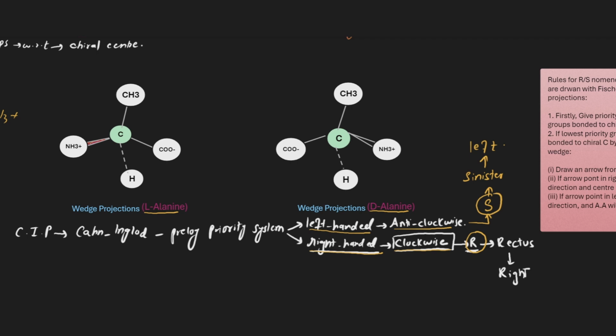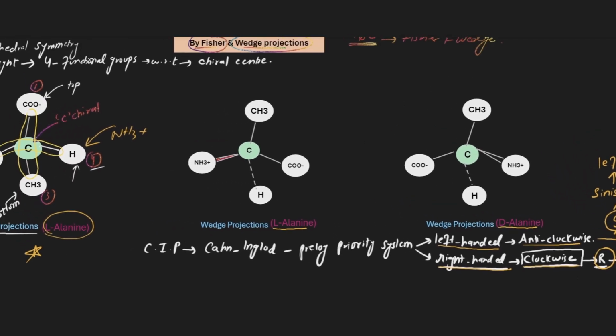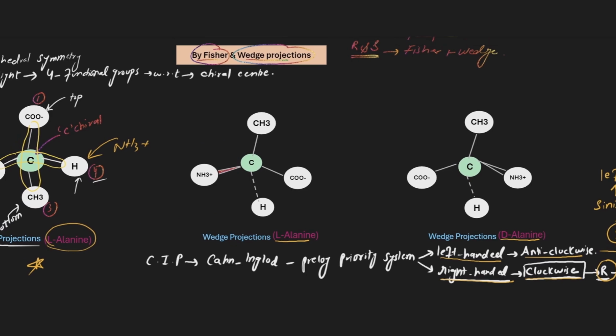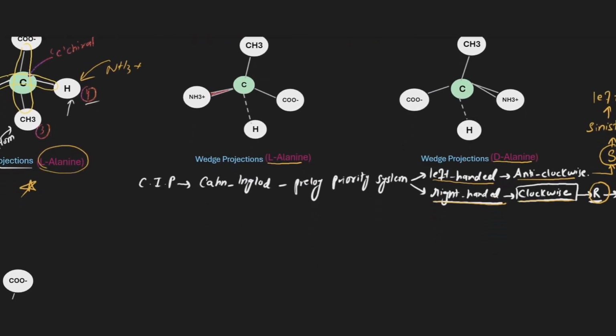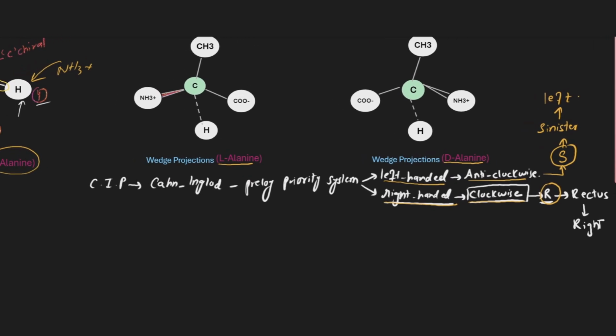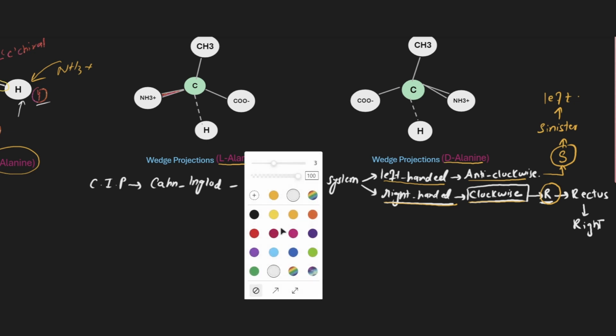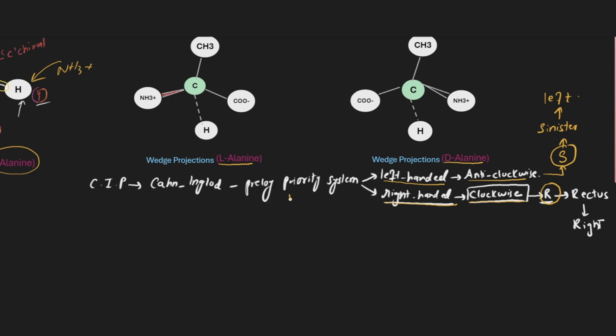Okay. Now let's try to solve these two amino acids, whether they are in the R or S configuration. Just keep an eye on the cursor. Let me first complete this CIP system. The second thing this CIP system indicates is that it prioritizes atoms on the basis of their atomic number.